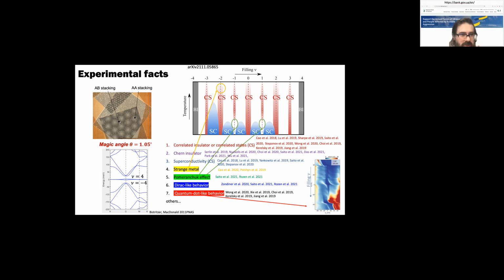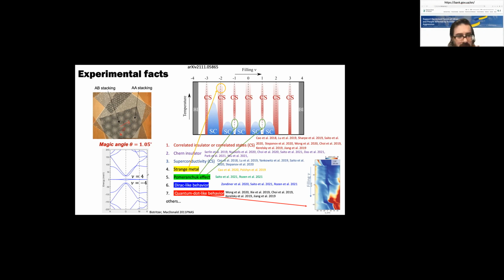And this moire pattern, which you can see here at a larger vector than the original lattice, basically has two regions, the AA region and the AB region, which are these two regions in the larger moire unit cell.